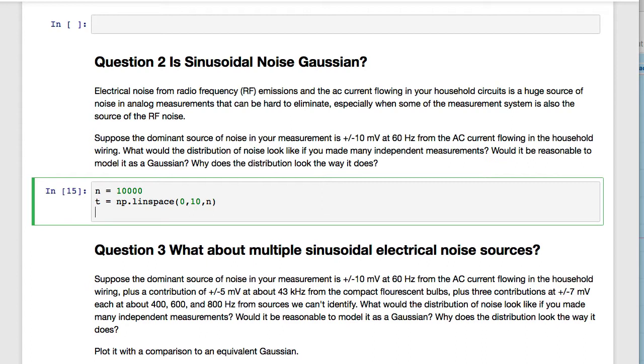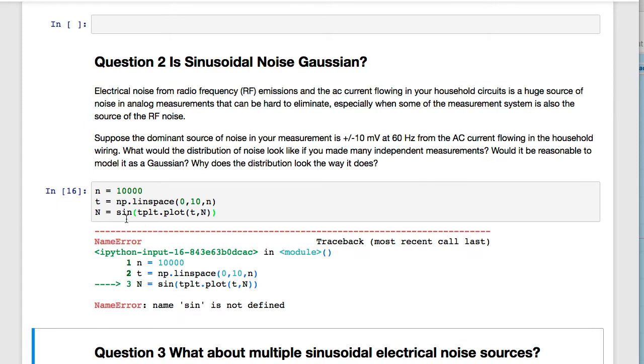So what's my noise going to look like? My noise is going to be something sinusoidal, right? Because it said right up here that we're looking for sinusoidal noise as the dominant source of noise, so let's make it sinusoidal dependent on time. And then I'll plot the time on the x-axis and the noise on the y-axis and see what I get.